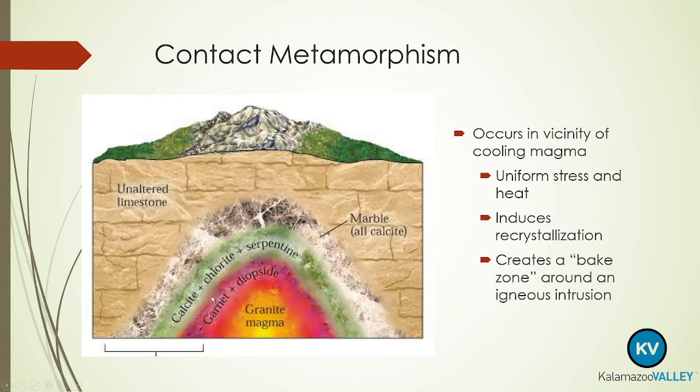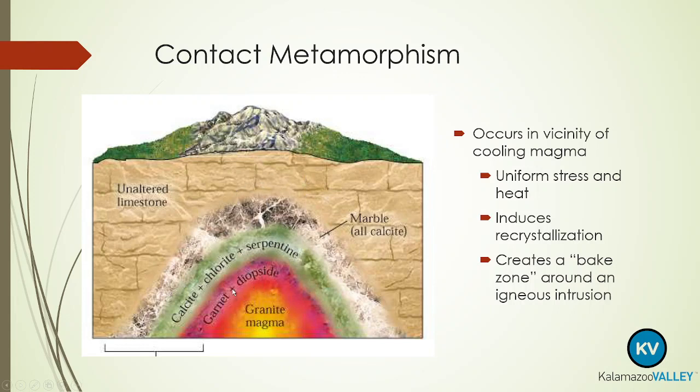We have several degrees or metamorphic grades moving away from that because we'll have the hottest temperatures and the highest pressures because there's pressure building up from this actually being pushed into this space as well. So highest temperatures and pressures towards the liquid magma, and the coolest temperatures and lowest pressures farthest away from that.